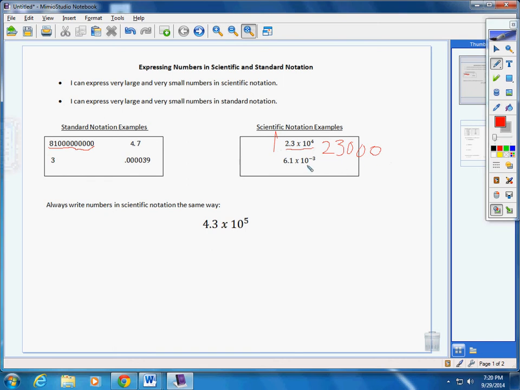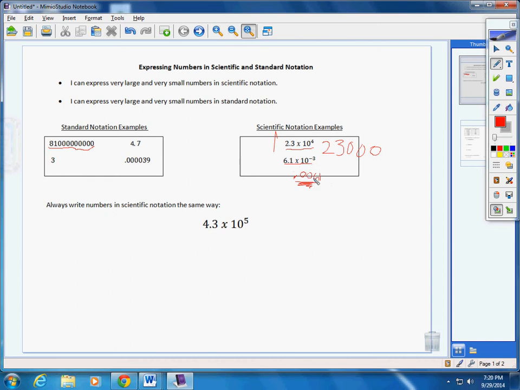And this number right here, as you notice, has a negative exponent. That's actually going to represent 0.0061. So this right here is standard form, and this right here is scientific notation. Two different forms of writing a number.